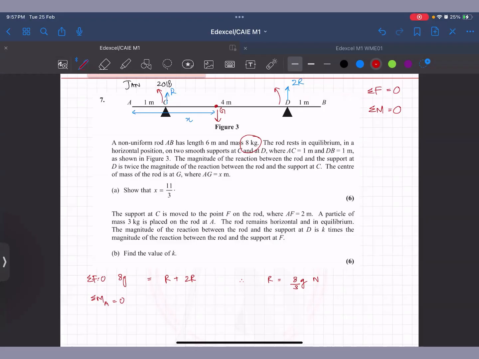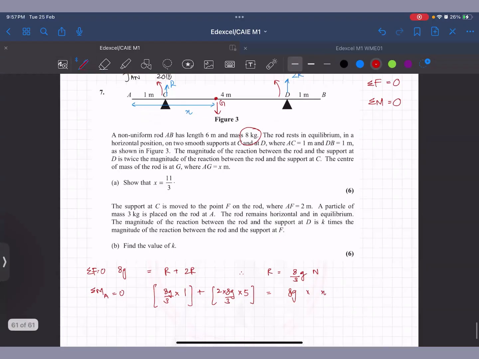So R, which is 8g/3, times the distance from A to C, which is 1, plus 2R, so 2 times 8g/3 times the distance from A to D, which is 5 meters, is equal to the weight, 8g, times x. The distance from A to the center of gravity, which we don't know, is x. And now we can find the value of x.